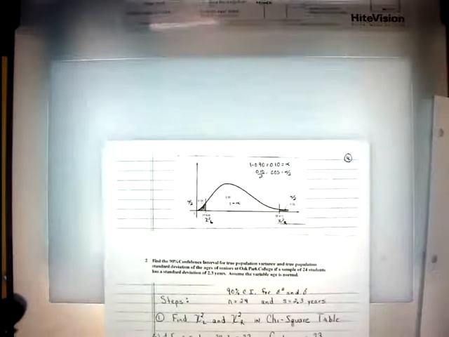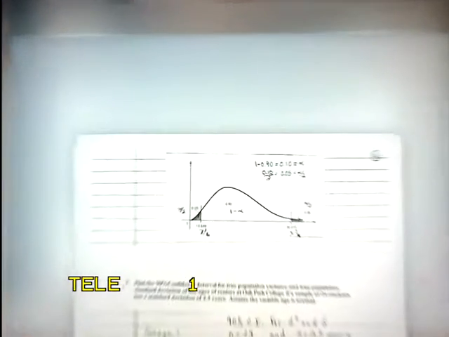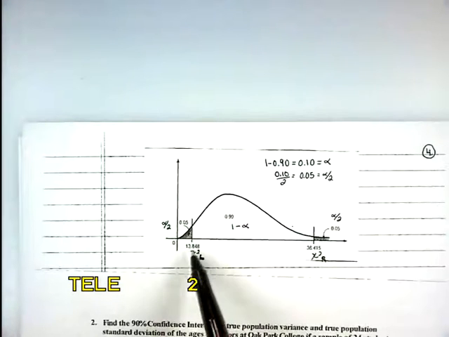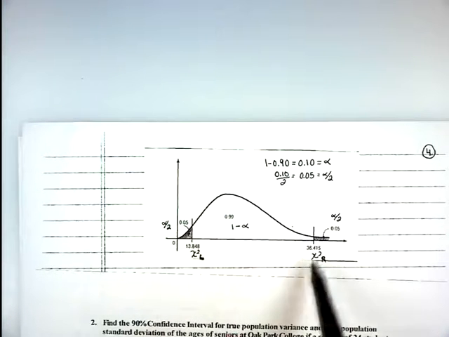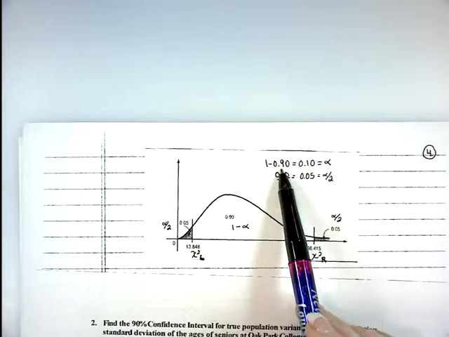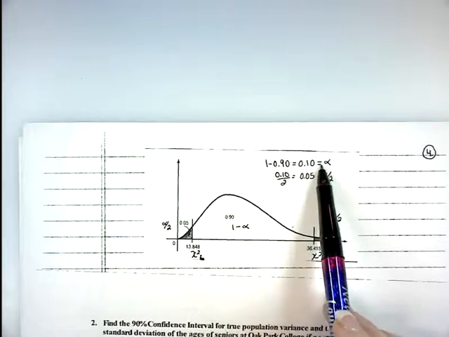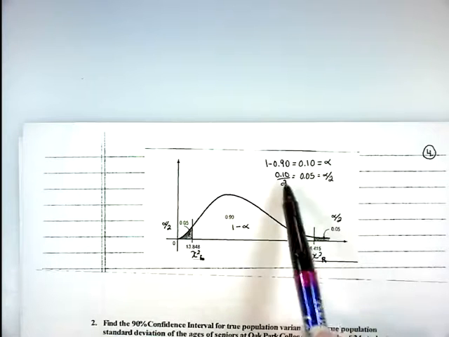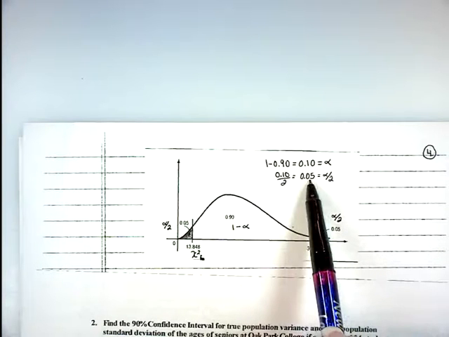And here's a better picture of what I just drew, with the answers 13.848 and 36.415. Alpha is 1 minus the given degree of confidence, which is 10% in the two tails total. Alpha divided by 2 is 5%, and that's the area in each tail.